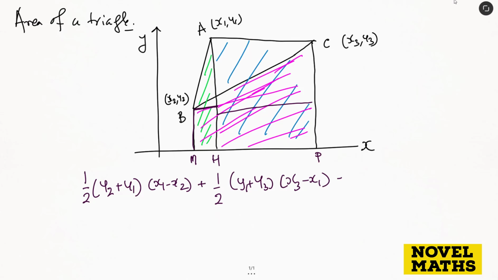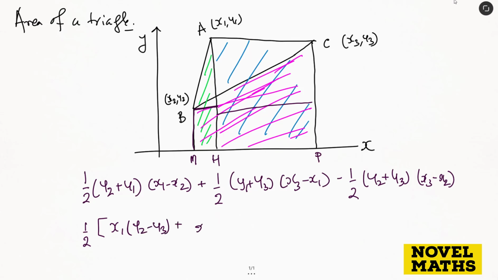We need to subtract the purple one, that is y2 plus y3, and the distance between BM and CP is the difference of x coordinate, x3 minus x2. If you expand it, you will get something like this: x1 (y2 minus y3) plus x2 (y3 minus y1) plus x3 (y1 minus y2).